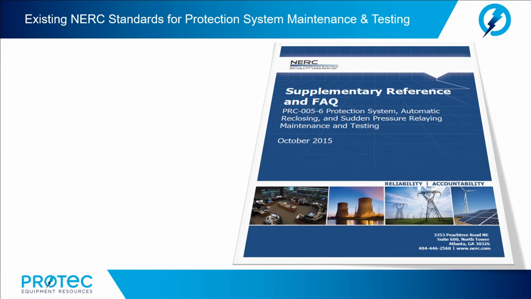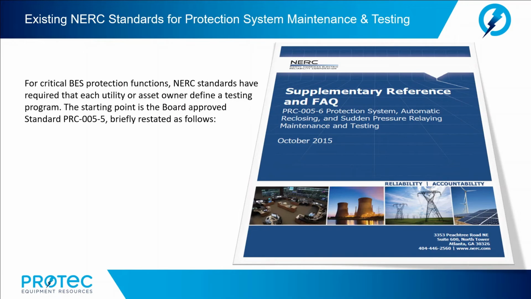So let's take a look at the existing NERC standards for protection system maintenance and testing. For critical bulk electrical system protection functions, NERC standards have required that each utility or asset owner define a testing program.